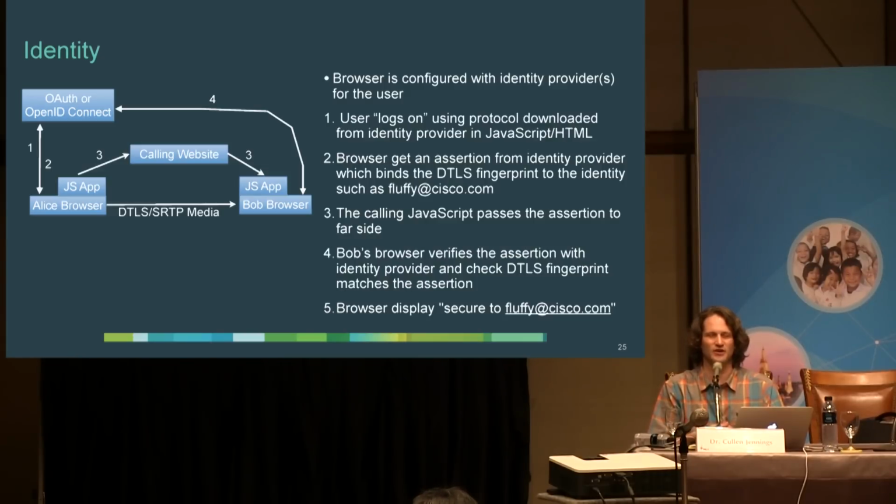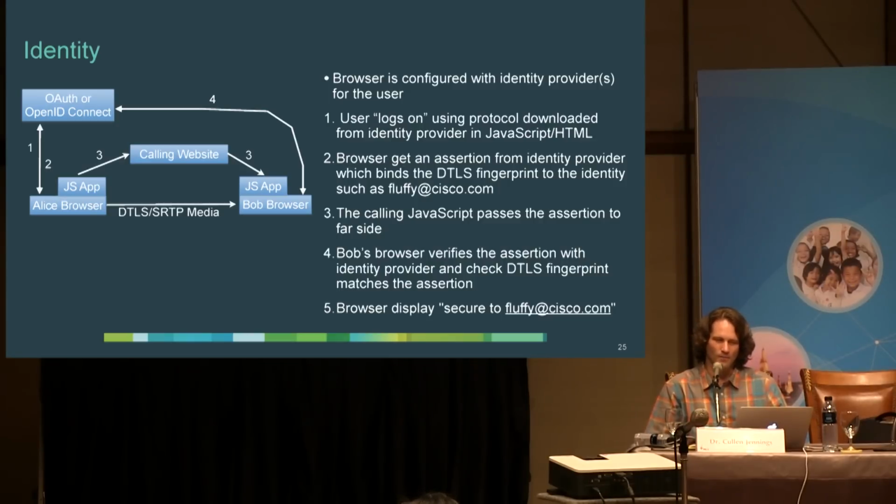I mean, the idea that there'd be only a couple major identity providers for the internet and that all of our security would rely on our trust in those identity providers is not a very appealing vision of the future to me anyway. And certainly to some of those identity providers it is, but I'd like to have a much more federated, distributed version of that. So what we've been trying to do in WebRTC is recognize that identity on the internet is changing really rapidly right now, and there's a lot of different approaches to it, and we have to be a little bit future-proof to various different ways it might work.